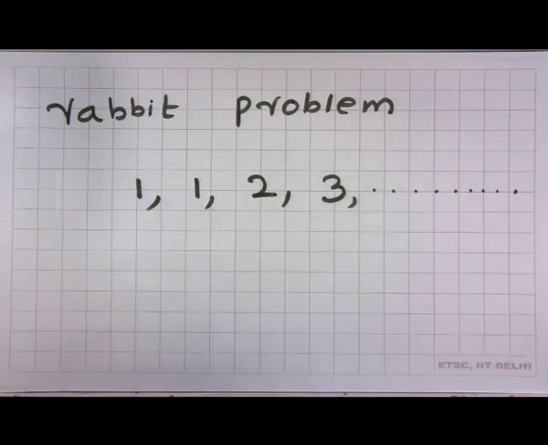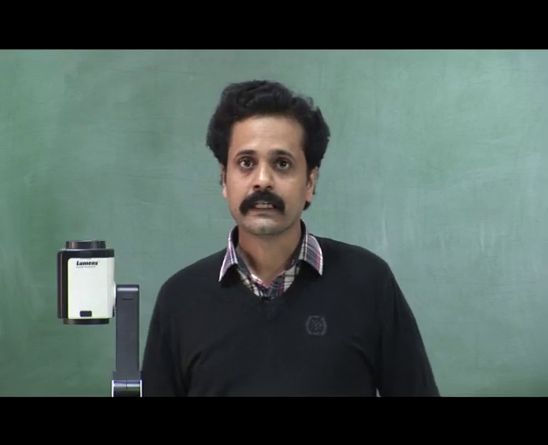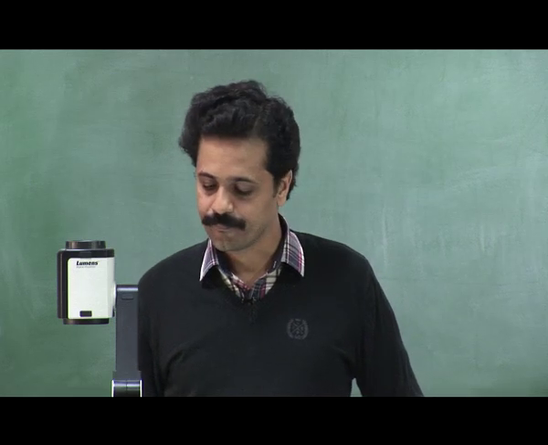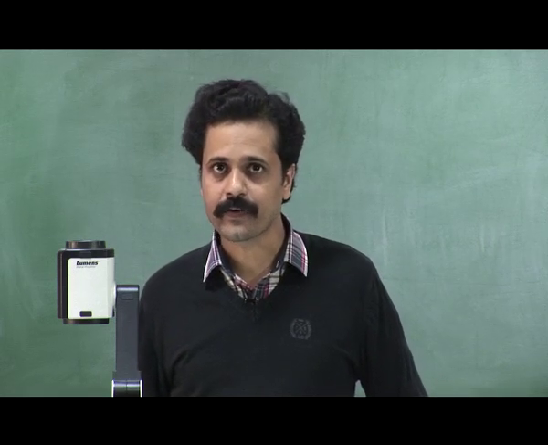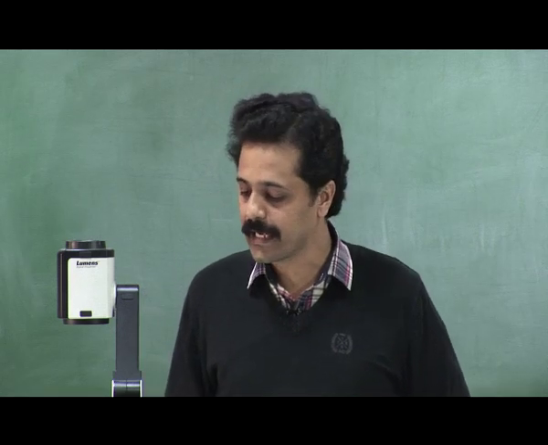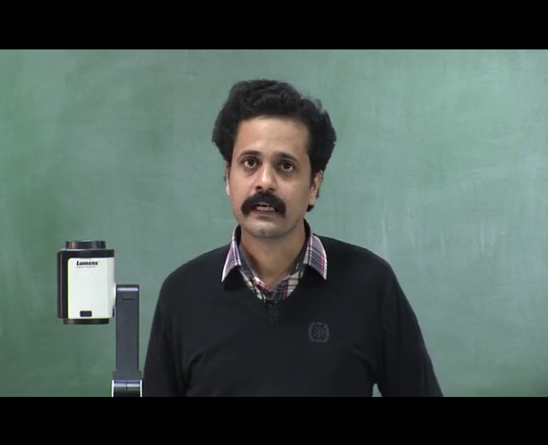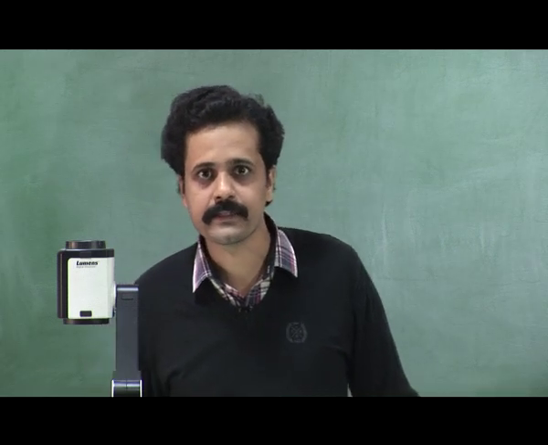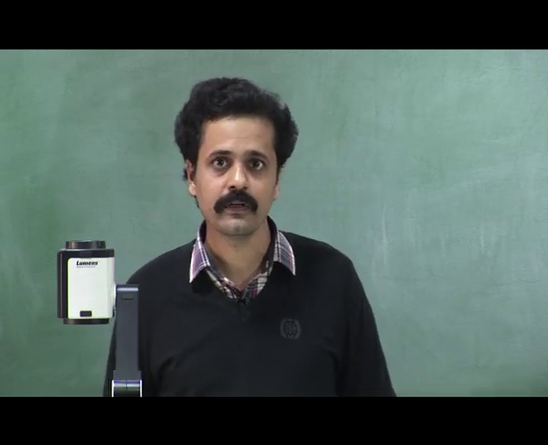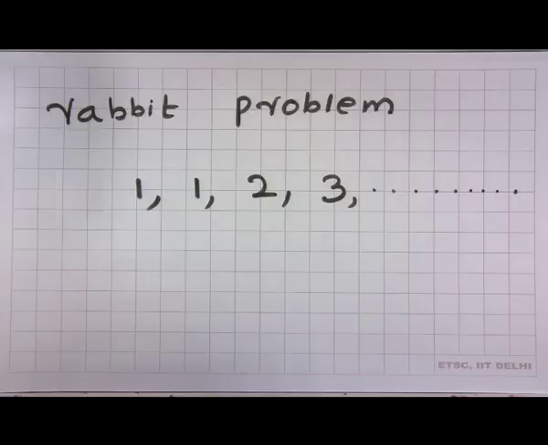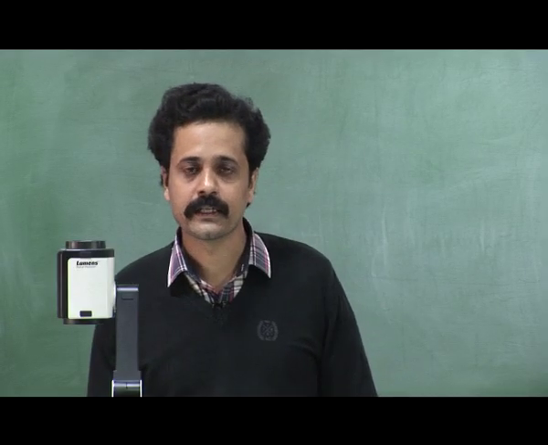You can observe that at a given stage, say at the end of n months, the number of rabbits will be the number of pairs of rabbits available at the end of the previous month plus the number of pairs of rabbits available 2 months before, because each rabbit 2 months old can produce a new pair.